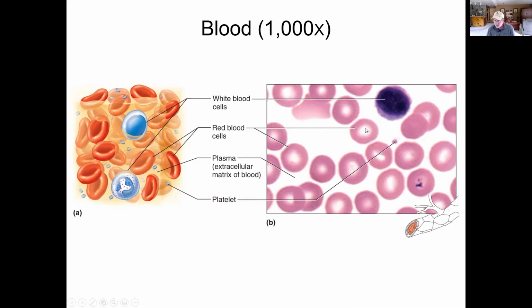Red cells don't have a nucleus. Kind of interesting. White blood cells are important in fighting infection, right? They phagocytize other cells. Some white cells do that. Red blood cells primarily function in transport of oxygen and to some extent some CO2 to and from tissues.